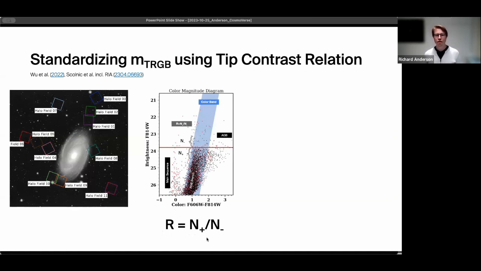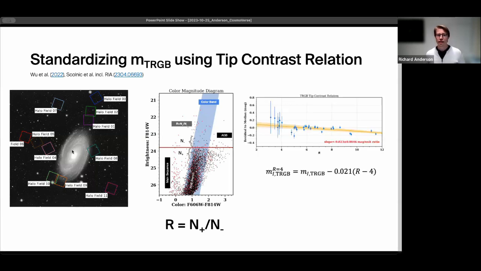So the ratio R is the ratio between the stars above and below the tip. And this is, of course, measurable from the population directly. And when compared to the residual of the median of all these fields, what was found was a very clean 5 sigma detection of a slope in this tip contrast relation.